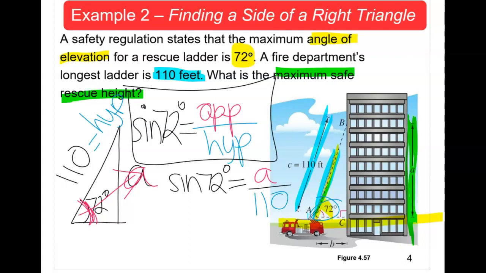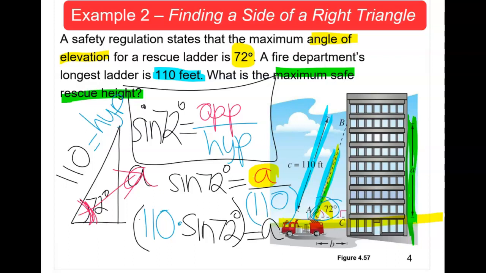Now if I want to solve for a, which is representing the maximum height, I will take this 110, which is dividing the a, across my equal sign, and the inverse operation for division is multiplication. So that is what's going to happen once I move the 110, or you could think of it as us multiplying by 110 on both sides. The reason I don't write it down is because I think it's a waste of time. We know it's going to cancel, so why write it down? Now from here, we can enter that on the calculator.